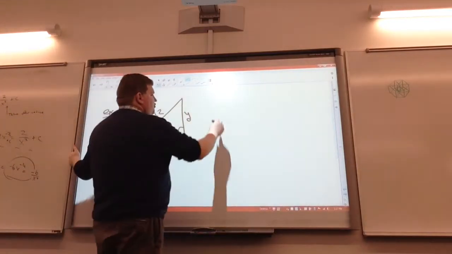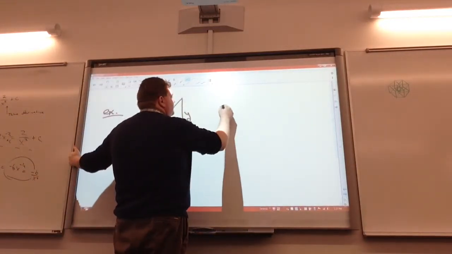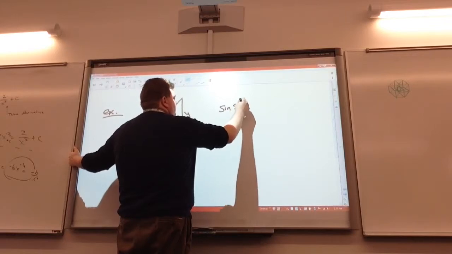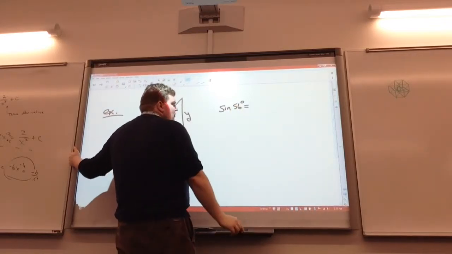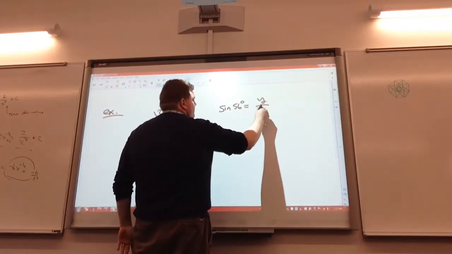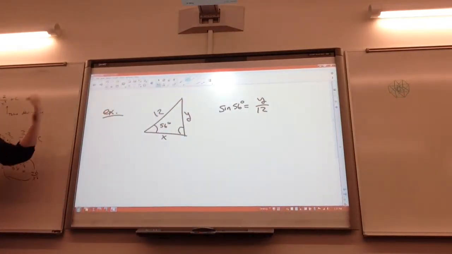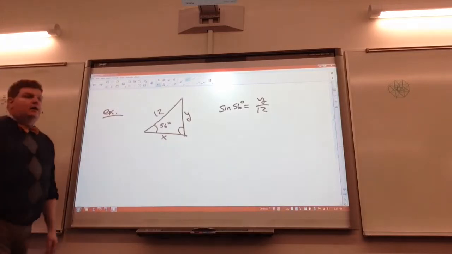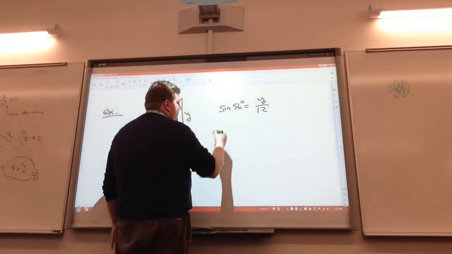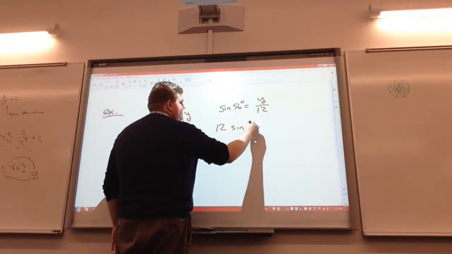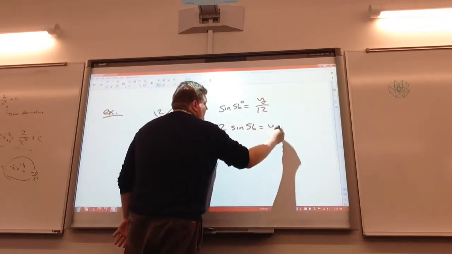To find y, I would say the sine of 56 degrees is equal to whatever y was over 12. And that's a ratio, right? I should be able to easily solve for y there. Cross multiplying, I would get 12 sine of 56 is equal to y.